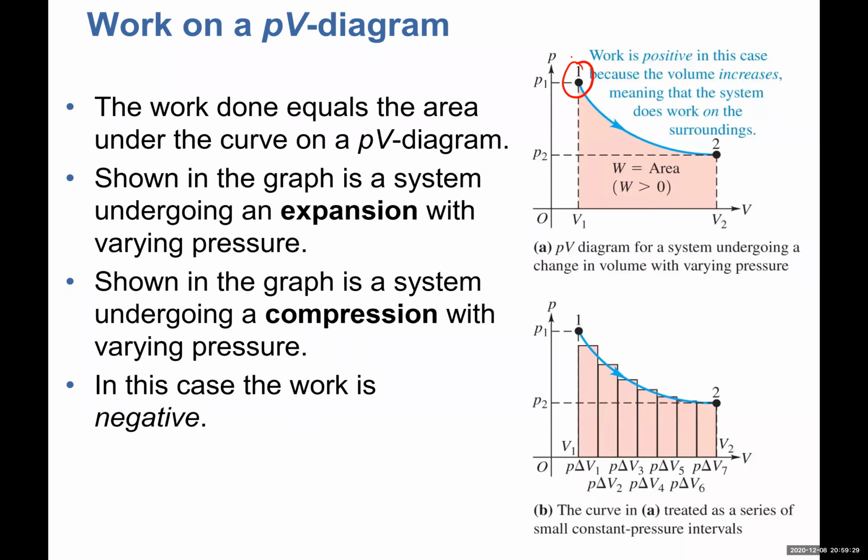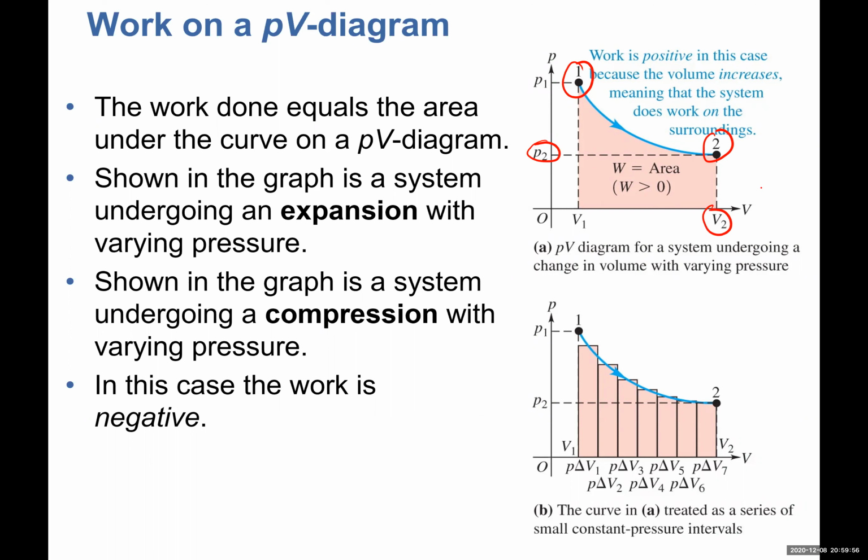We're going to see how we can incorporate temperature into these PV diagrams. If your state changes from state one to state two, there's a change in pressure and a change in volume.